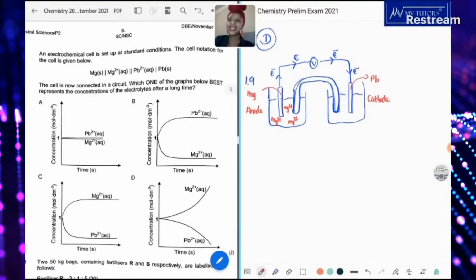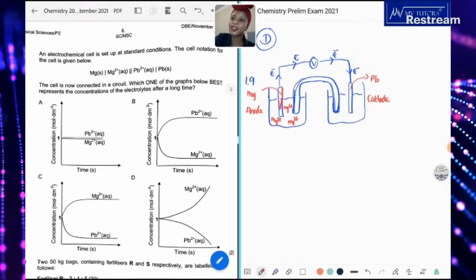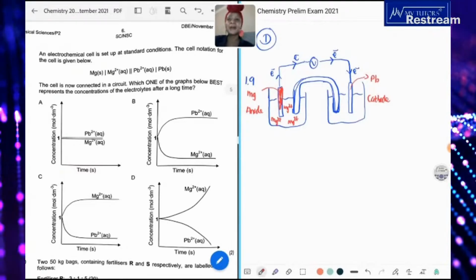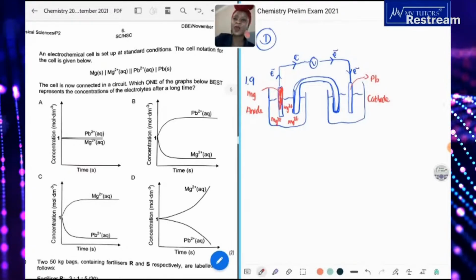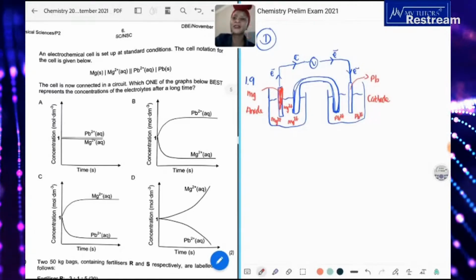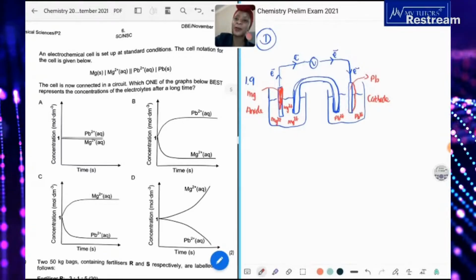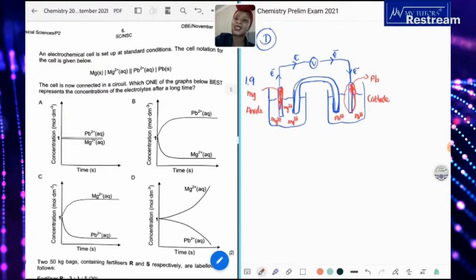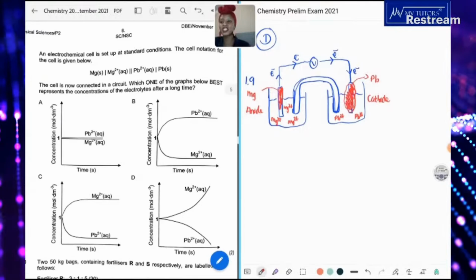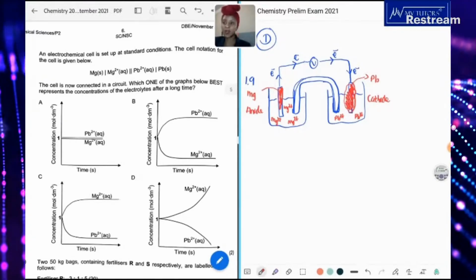As a result, the electrode will reduce in mass. On the other hand, there will be lead ions formed, not as many as magnesium ions, but the lead will increase in mass. Basically the concentration of magnesium will increase. So A is not an option.